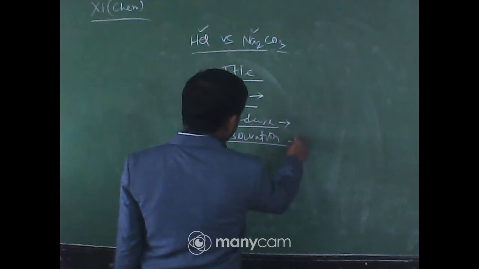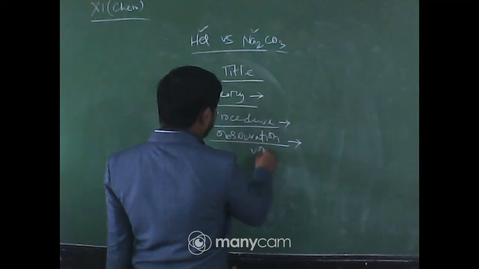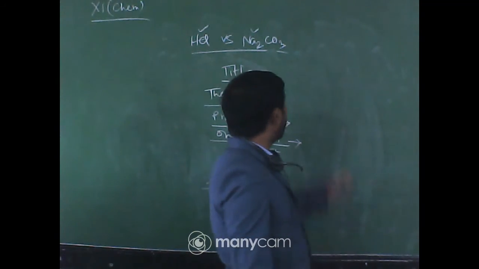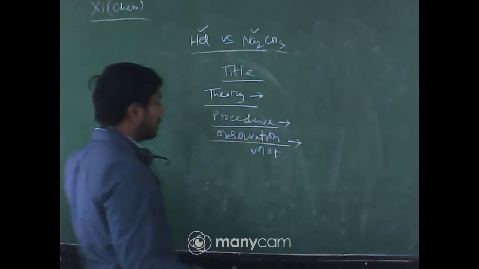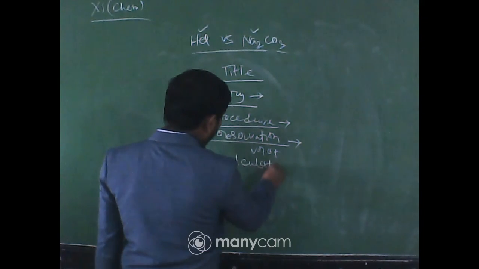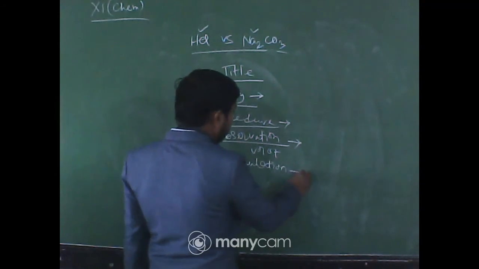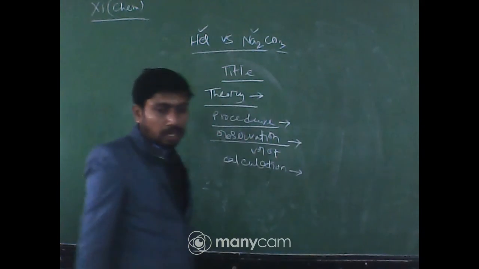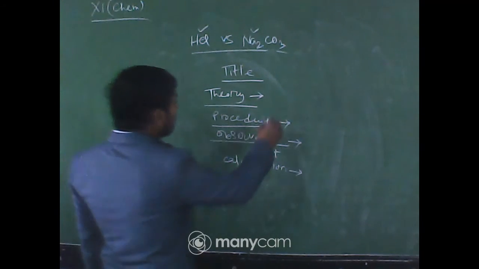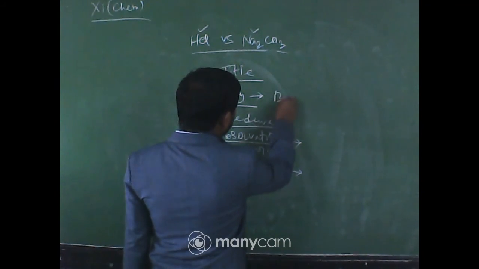In the observation section, there will be the volume of titrant taken, the volume of KMnO4 or oxalic acid or HCl consumed, then calculation. The calculation part contains this equation, and in the theory part you will write the compulsory balanced chemical equation.